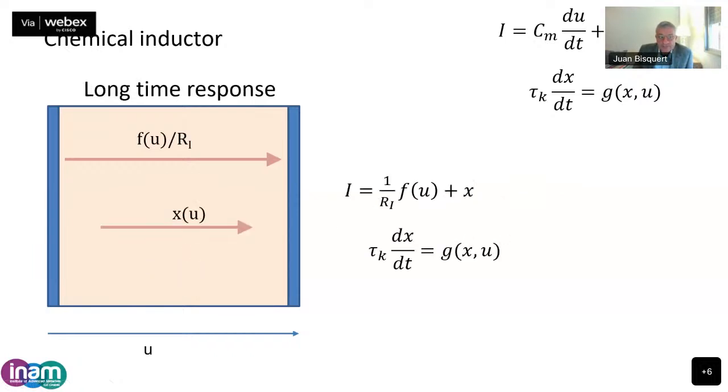But when the time becomes longer, then you activate the X. So you have more current. And the capacitive current disappears. So as you're having more current, you are going to have less resistance. The resistance is going to decrease because you have another parallel pathway. Okay, and this is the meaning of the inductor: with longer time, your current is going to increase.